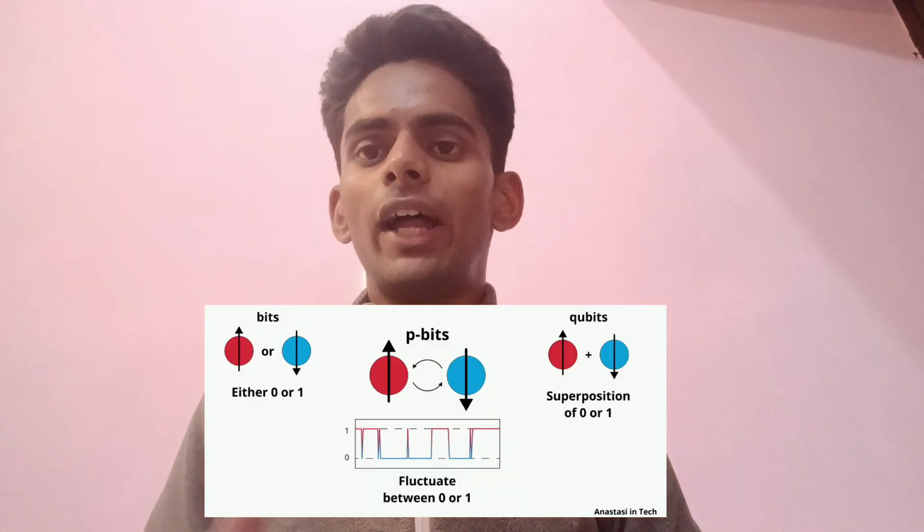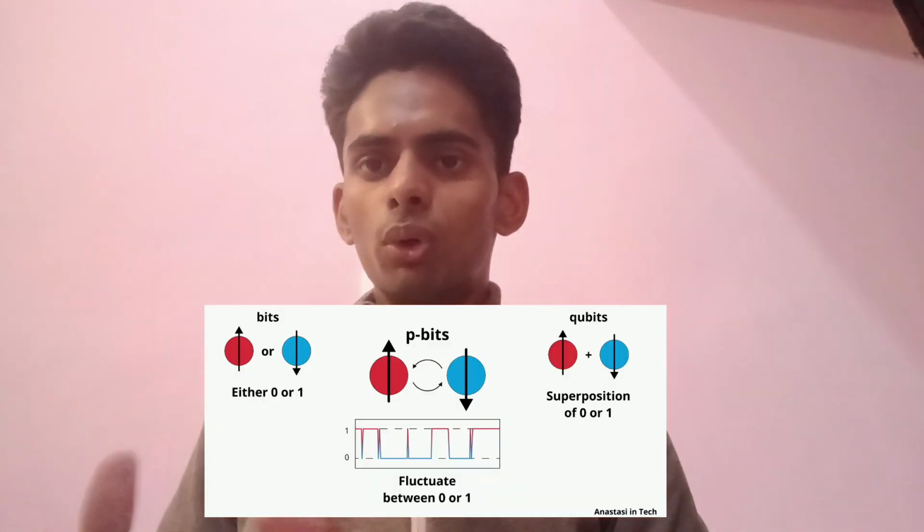Our foundation will be bit, pbit, and qubit: how they are different, what a qubit is, and the use cases of each. This basic understanding creates the base for understanding quantum and classical models of the computer. I hope you will understand.